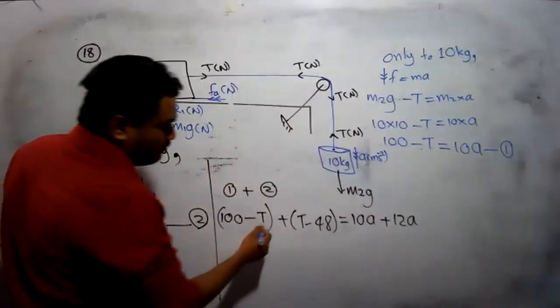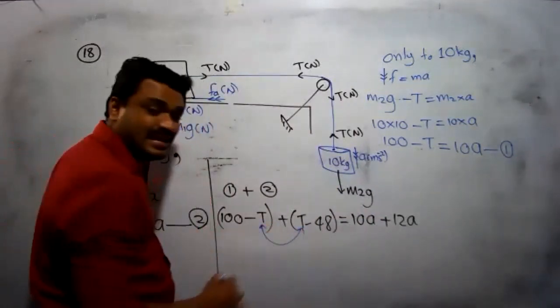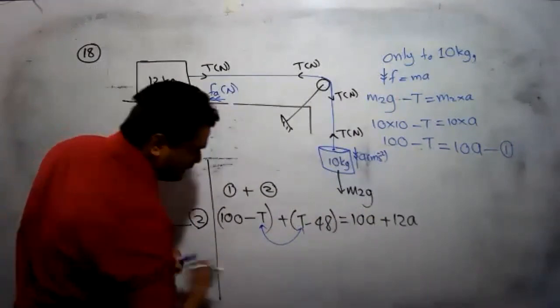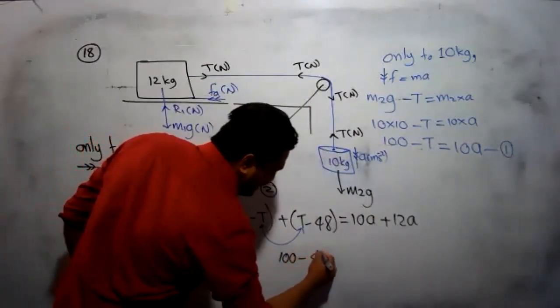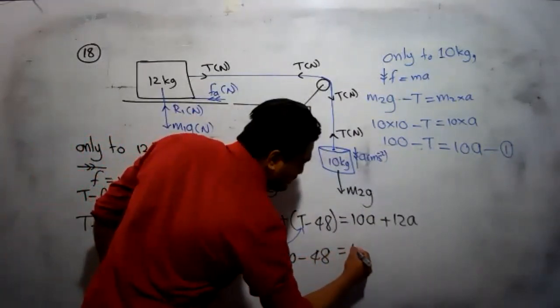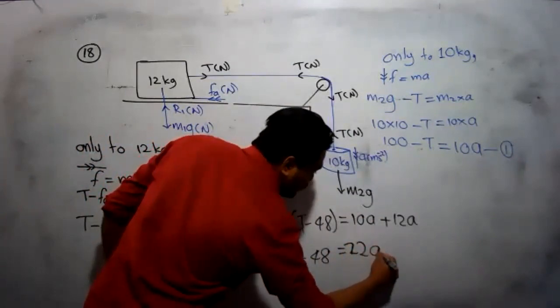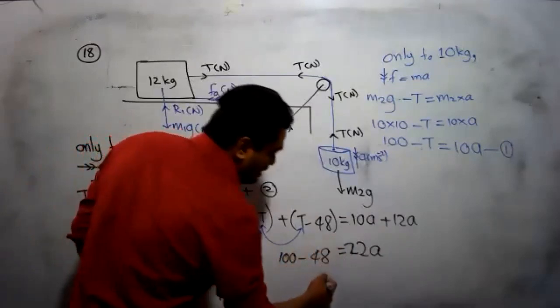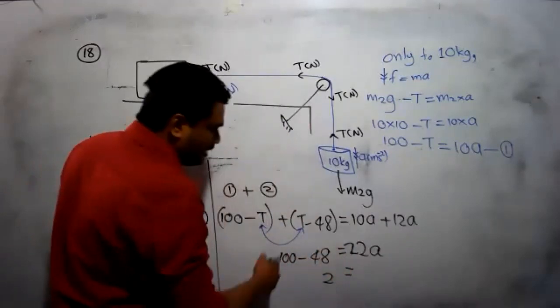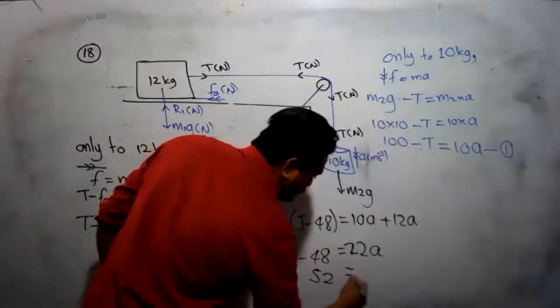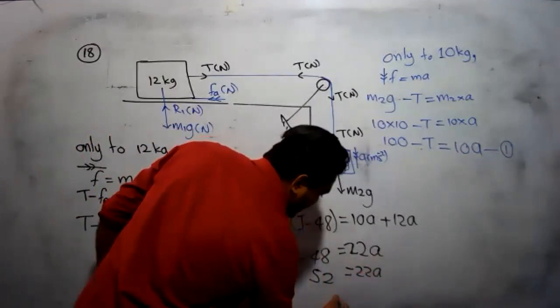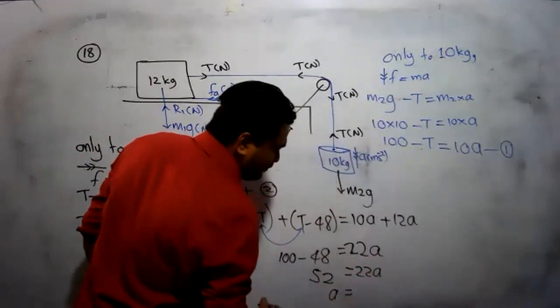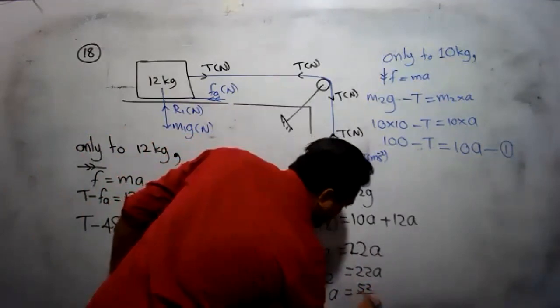You see, minus T and plus T cancel out. The remaining terms: 100 minus 48 equals 22A. 100 minus 48 is 52. 52 equals 22 times A. Therefore, acceleration equals 52 divided by 22.